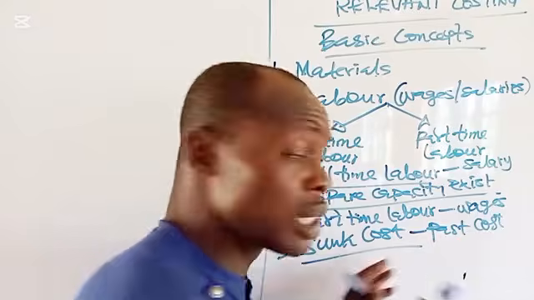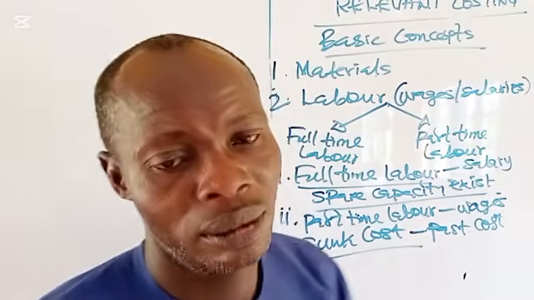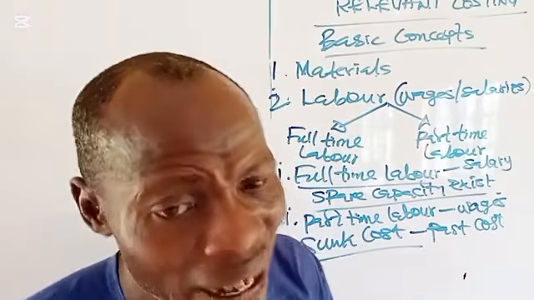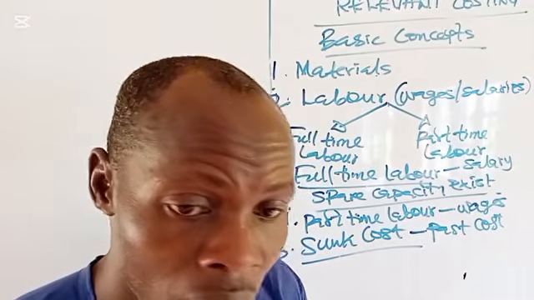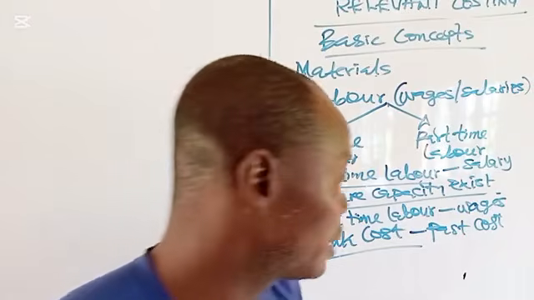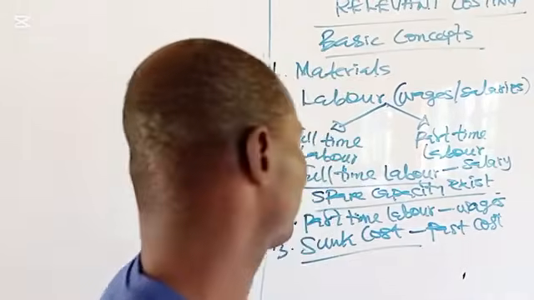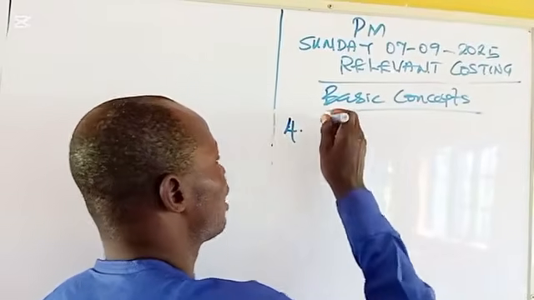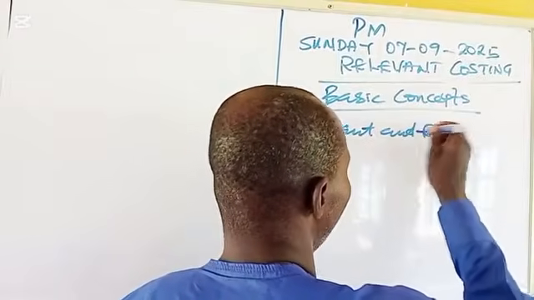Examples of sunk costs include preliminary expenses, research expenditure or development expenditure. Those sunk costs are not relevant. Number 4, you have plant and equipment.